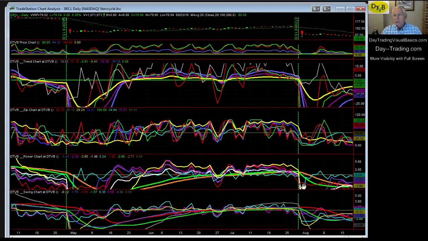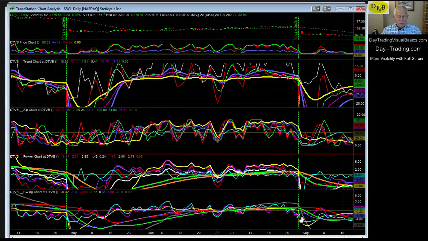There are two types of being under: under zero and under your short-term trend lines. And you don't want to necessarily say zero in this case because of differences in other things. So I'm addressing this as the narrow lines being under your short-term trend lines. The same is true down here in the swing chart.